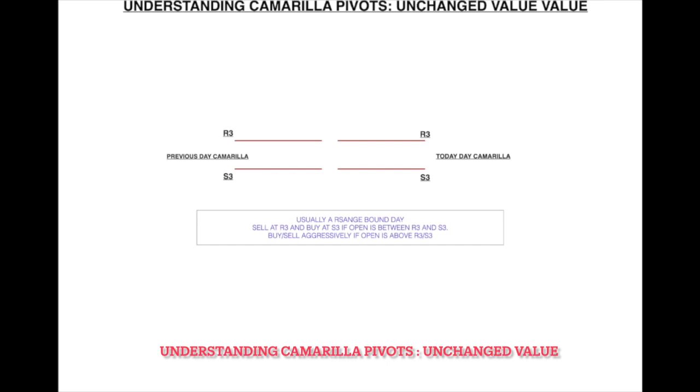So, in an unchanged value relationship, where yesterday's R3 and S3 are equal to today's R3 and S3, that day is going to be a range bound day. You can sell any reversal seen at R3 for a target of S3, and you can buy any reversal seen at S3 for a target of R3.